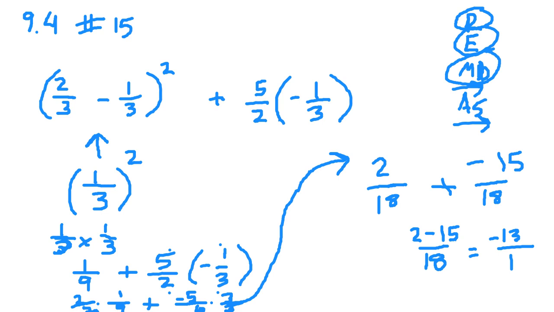Yes, that's the same. 2 plus negative 15 is the same as 2 minus 15. So when your signs are different like that, one of them is positive, one of them is negative, so you're adding things with different signs. You take the sign of the larger and you subtract. So we take the negative from the 15 and you subtract 15 minus 2.